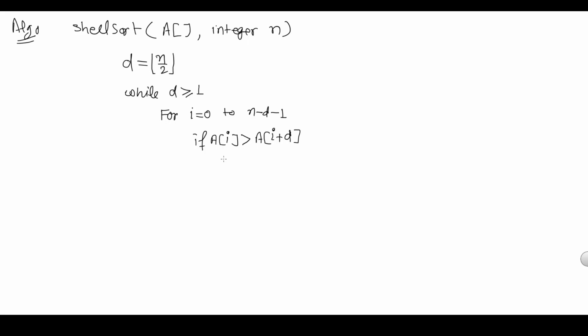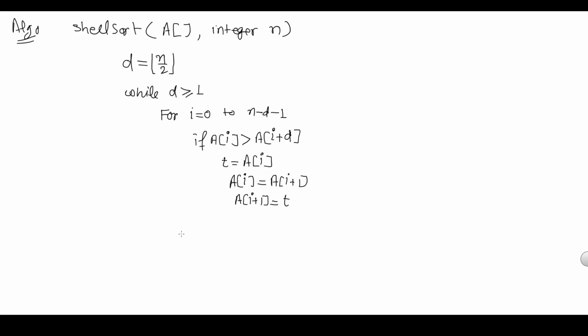Using the indentation, we will write the statements inside the if after leaving some space. So t is equal to a[i], where t is a temporary variable, a[i] is equal to a[i plus d], and then a[i plus d] is equal to t.